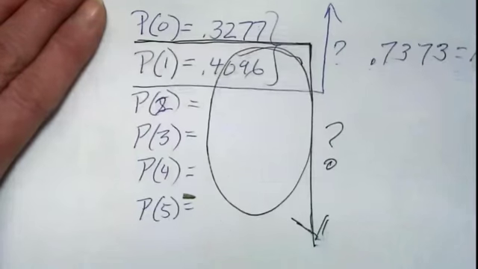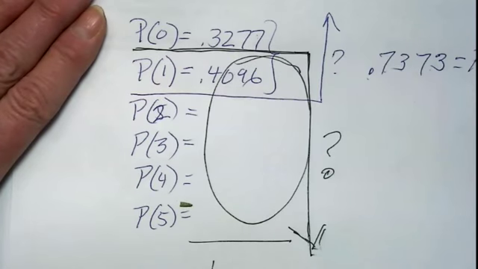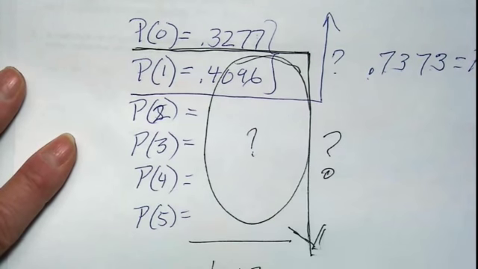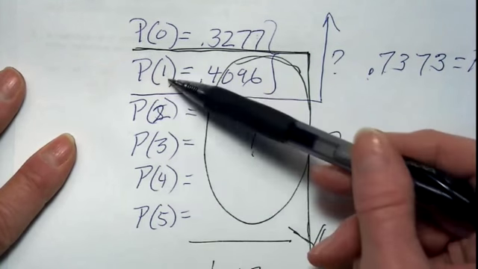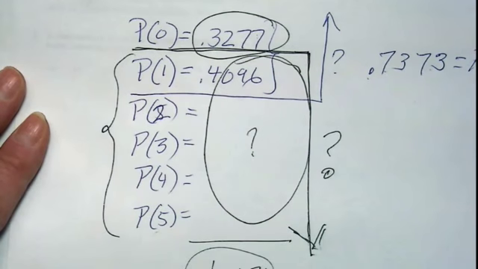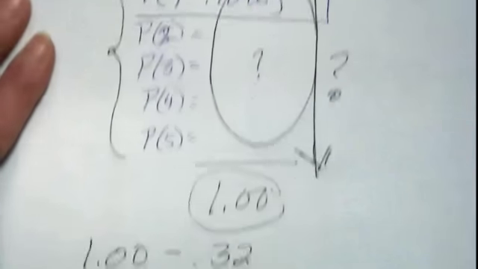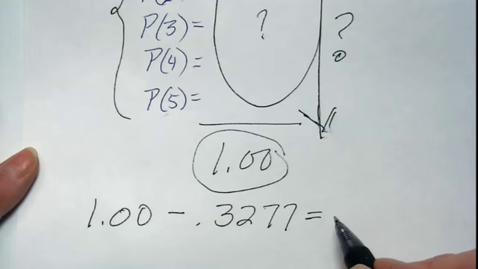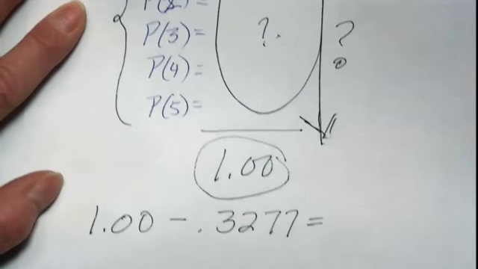Well, I know all the probabilities have to add up to be 1. This is what I'm looking for. I could calculate 1, 2, 3, 4, 5, but there's an easier way with the complement rule. I can take 1 minus 0 and get this probability. So I could say 1 minus 0.3277, and I can get this probability.